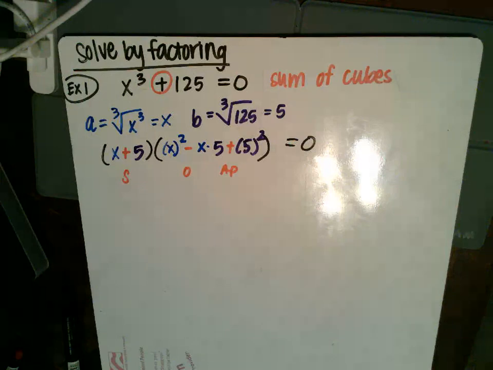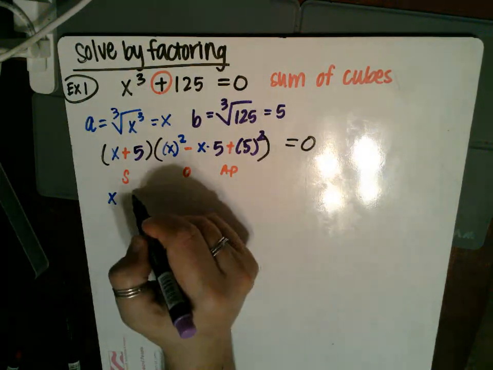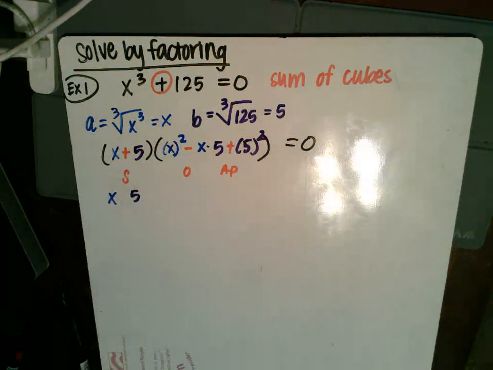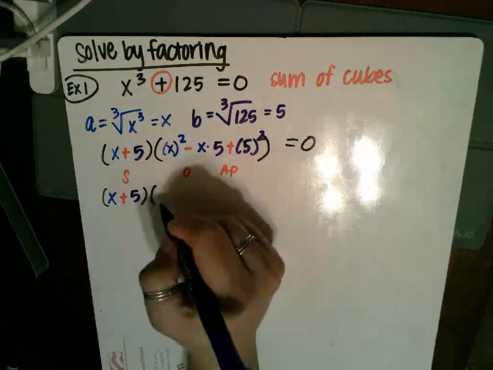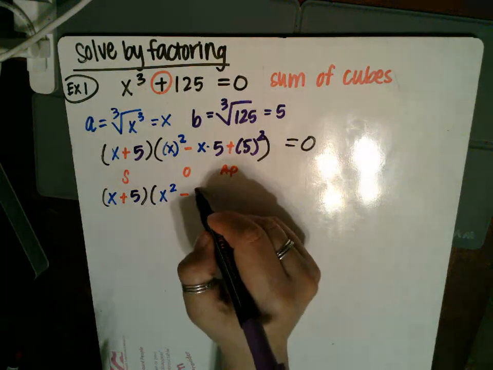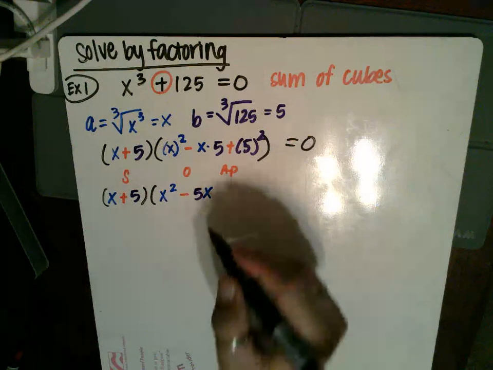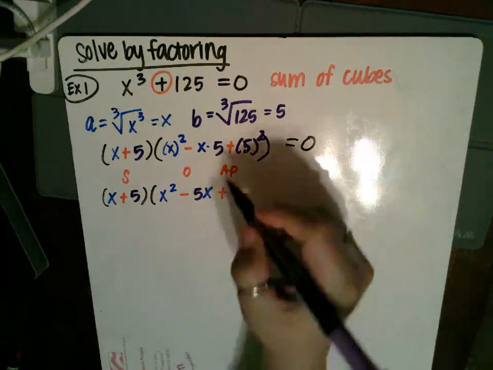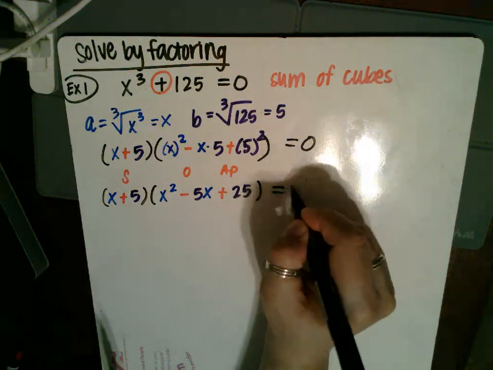Okay, cleaning it up, I would end up with x plus 5 as my first factor, times x squared minus 5x, just reorder it, plus 5 times 5 is 25, and set that equal to 0.